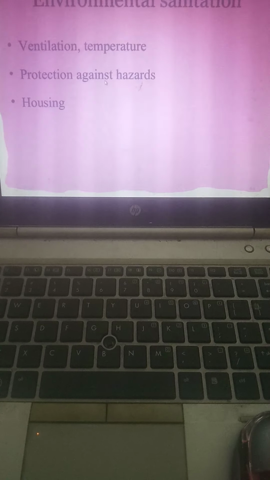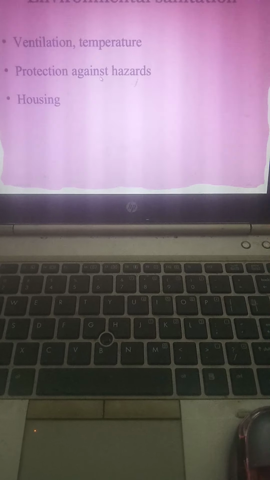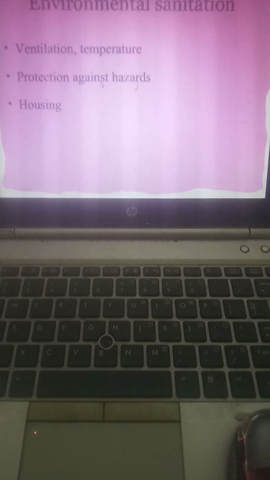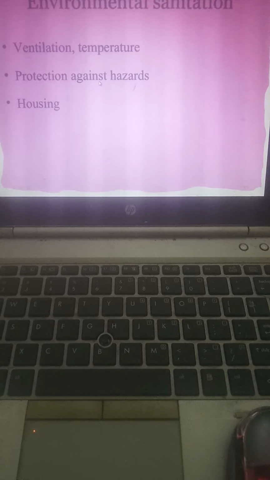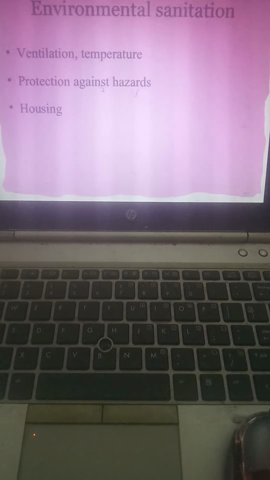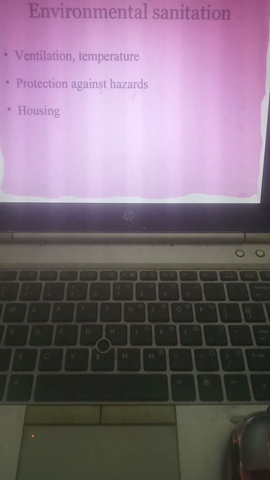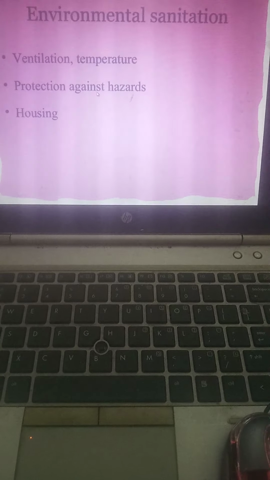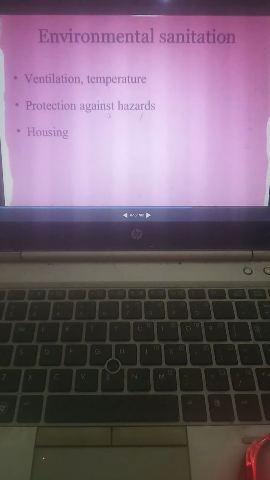We should ensure ventilation, temperature should be proper, air conditioning should be present, so that if factories involve work that generates heat, air conditioning should be proper, so that heat may not traumatize the worker. Protection against hazards, housing, these are all important aspects.